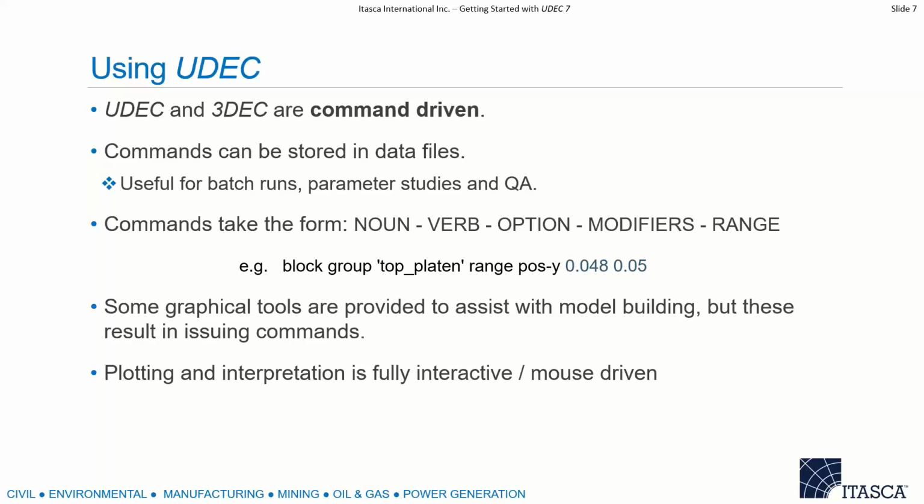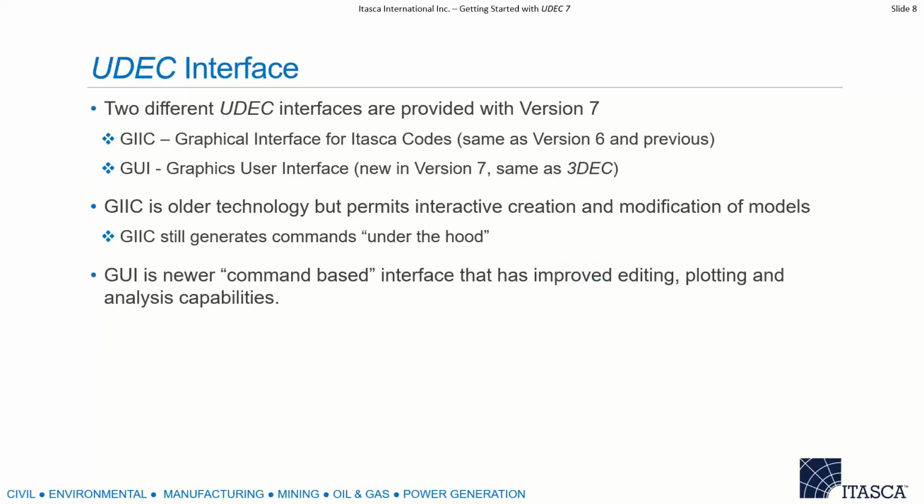There are some graphical tools that assist with model building, and we'll show that in the tutorial. But under the hood, these are actually issuing commands that can be, again, stored in a data file. All of the plotting and interpretation, once you've built the model and done the calculation and you want to plot things, is fully interactive and mouse-driven, although you can, in theory, use commands for doing the plotting as well.